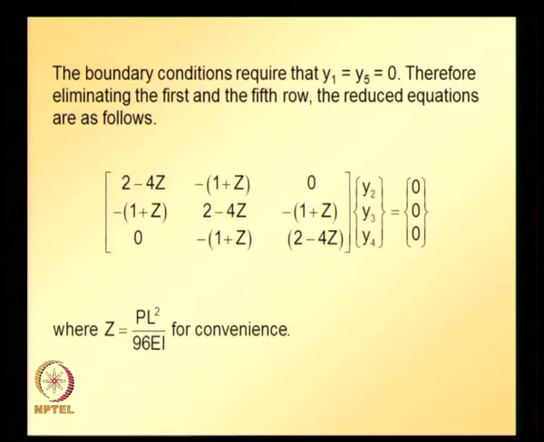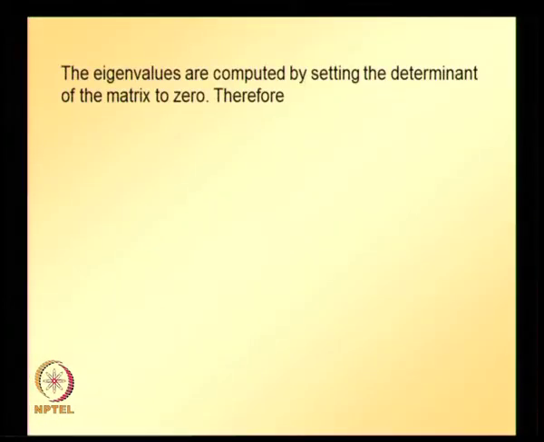Since this is a 3 by 3 matrix, we are going to get 3 roots or 3 eigenvalues. Eigenvalues are computed by setting the determinant of the matrix equal to 0.